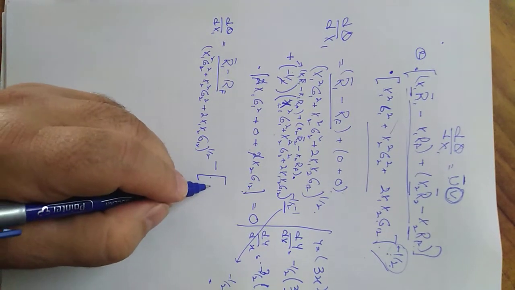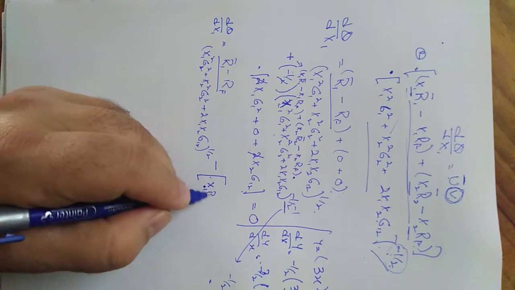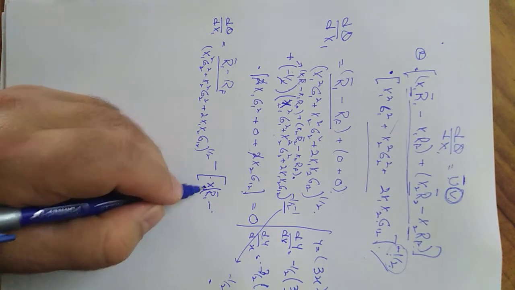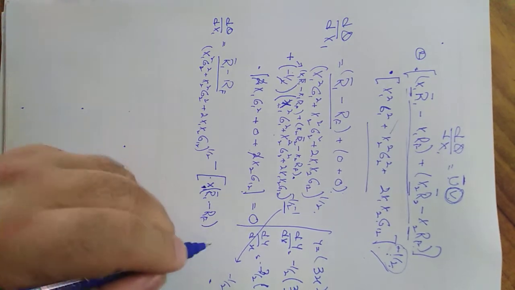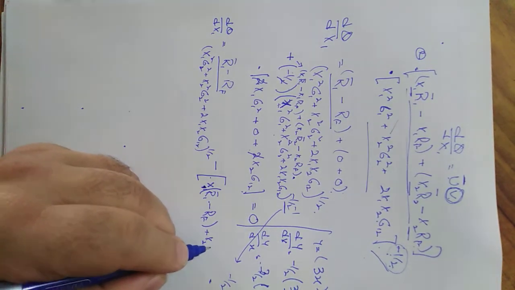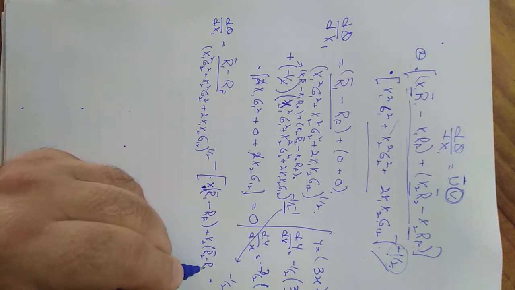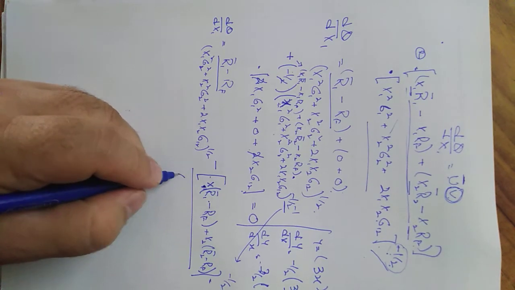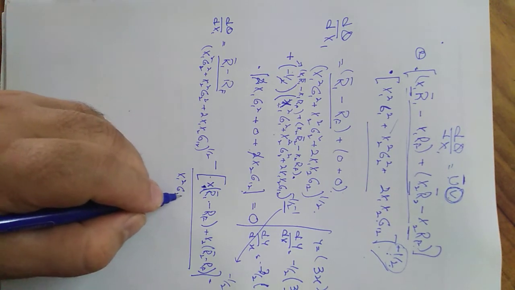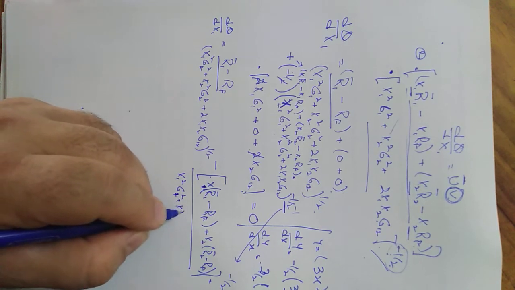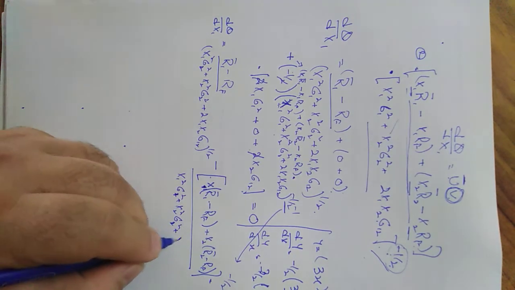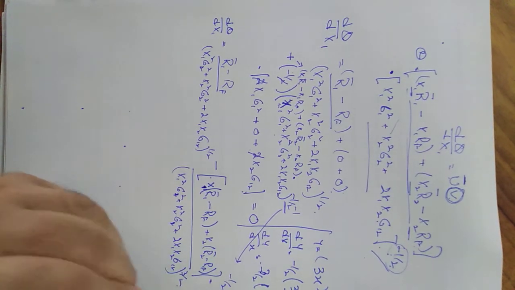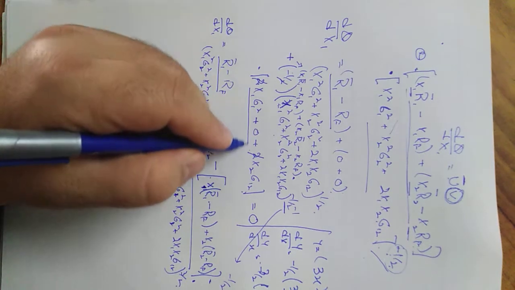I'll write the u again: the first x1 (r1 bar minus rf) plus x2 (r2 bar minus rf). And everything goes to the denominator, that is (x1 squared variance plus x2 squared variance plus 2 x1 x2 covariance) with power 3 by 2.